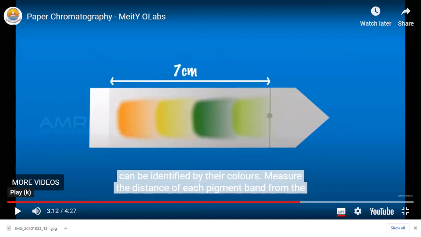Nearest to the spot, we have chlorophyll B, then dark green chlorophyll A, then yellow xanthophyll, and red-orange carotene. So 4 pigments are separated over about 7 centimeters.